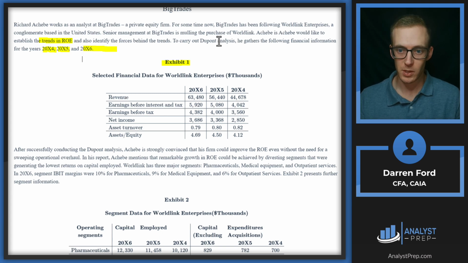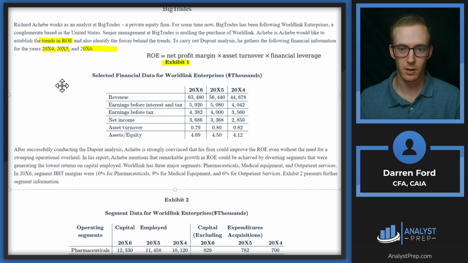So we're going to be using DuPont analysis basically to figure out the ROE. Our ROE is going to equal net profit margin times asset turnover times financial leverage. Our net profit margin is going to be net income over revenues, so we'll simply divide net income by revenues each year to get that number.